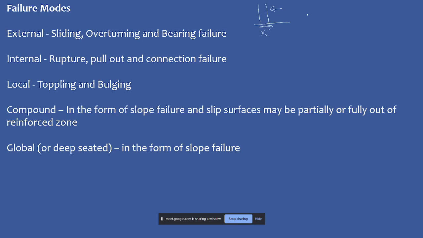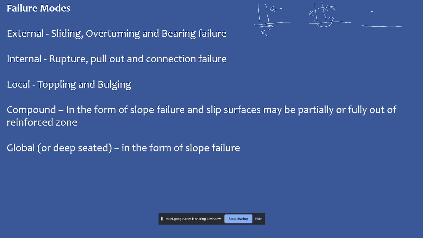Overturning failure: if the load applied here has eccentricity or the force is so high that the moment being applied is not resisted by the moment at the base, then we'll have overturning. And then we have the bearing failure.